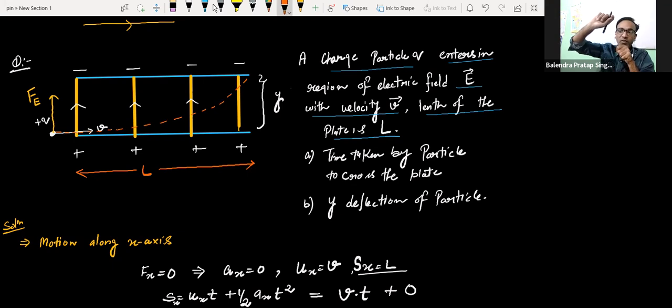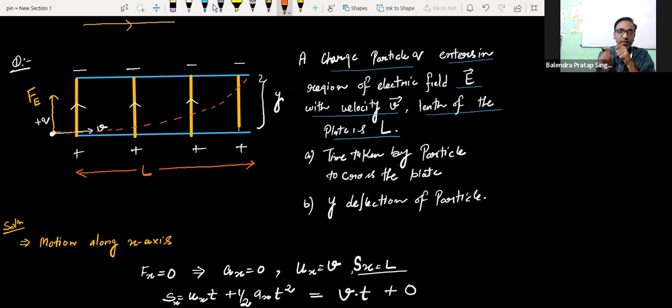Due to this acceleration it will also move along the y-axis. You have to find the value of small t when it will cross the plate. The other part of this problem is to find the y deflection of the plate, which means how much distance it will cover along the vertical axis. So this is the problem.